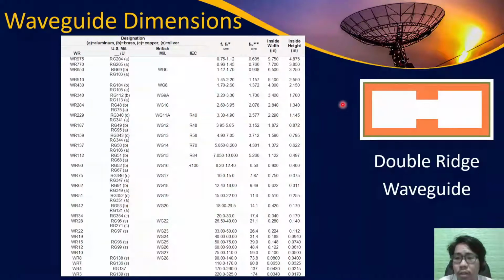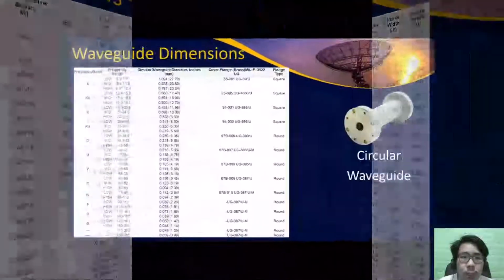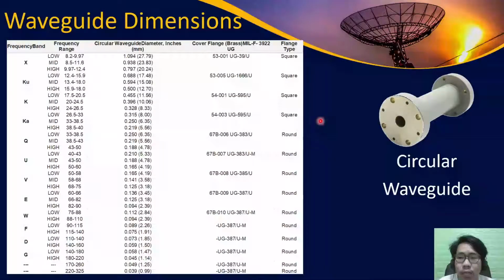We also have the double ridge waveguide, whose cutoff frequencies also depend on the dimensions of the waveguide. And lastly, we also have circular waveguides. The frequency of the EM waves propagated inside this circular waveguide is also dependent on the diameter or the radius of our waveguide.